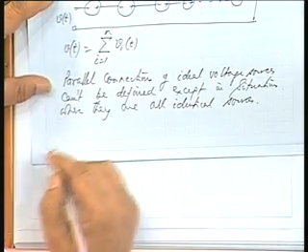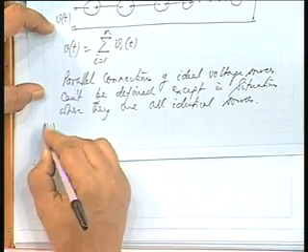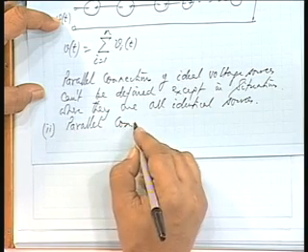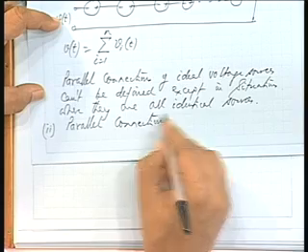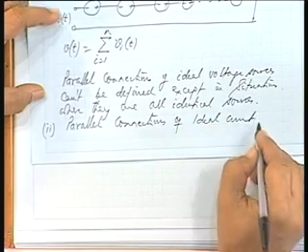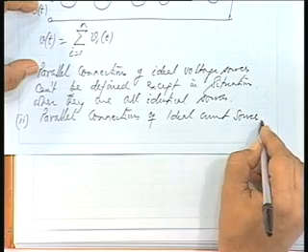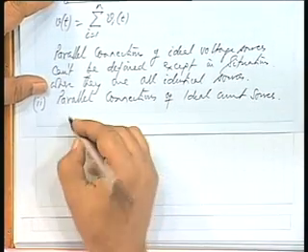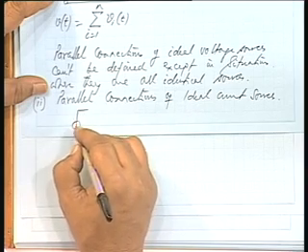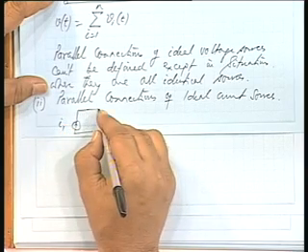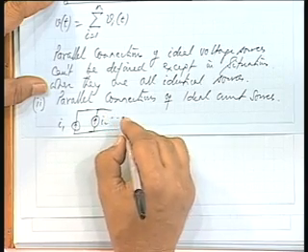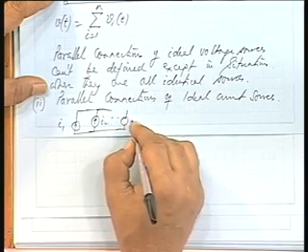Similarly, parallel connections of ideal current sources. You can have I1, I2 and so on, IN.